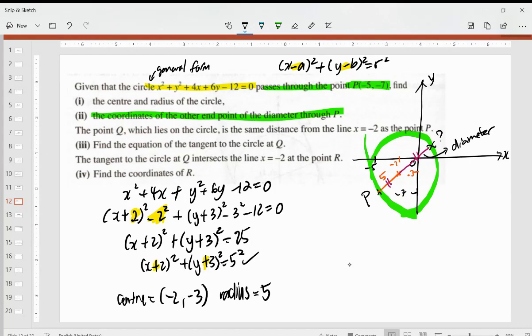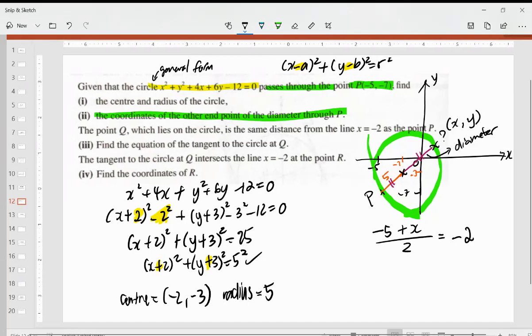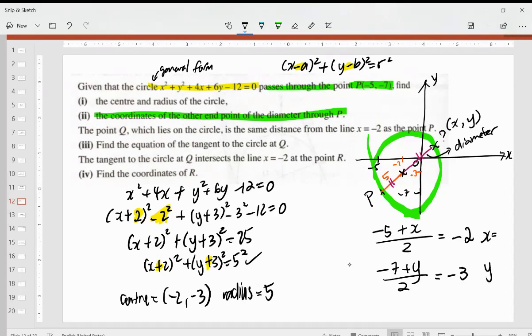If I consider this unknown point as (X, Y), then basically (-5 plus X) divided by 2 is your center's x-coordinate, which is -2, because this is in the middle. And then the other side would be (-7 plus Y) divided by 2 equals -3. So if we solve, we get our coordinates.